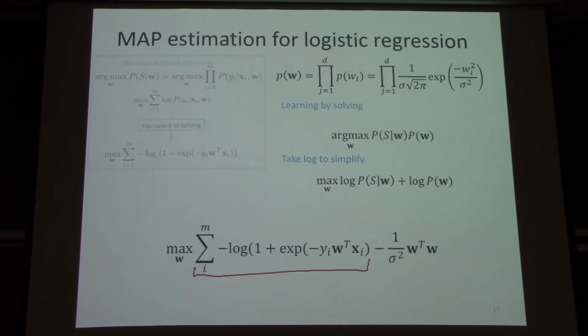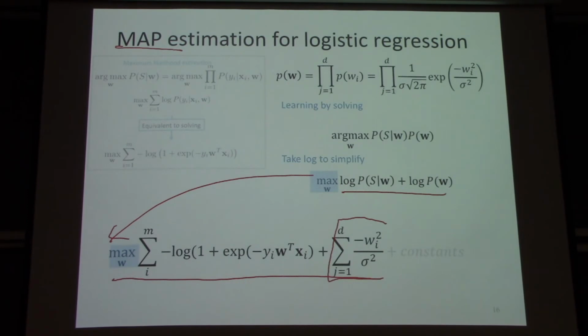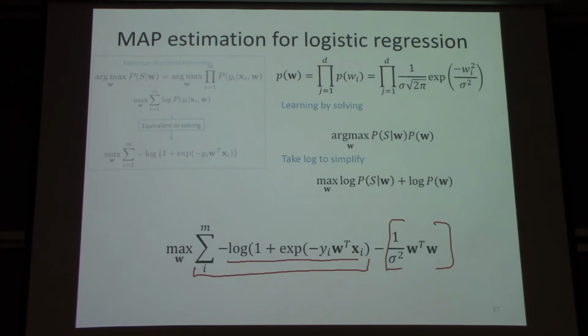The sum consists of one entry per training example plus or minus another term that does not depend on the data at all. It's just the norm of the weight vector, which is W transpose W divided by sigma square. Sigma square was present everywhere, so I just took it out.